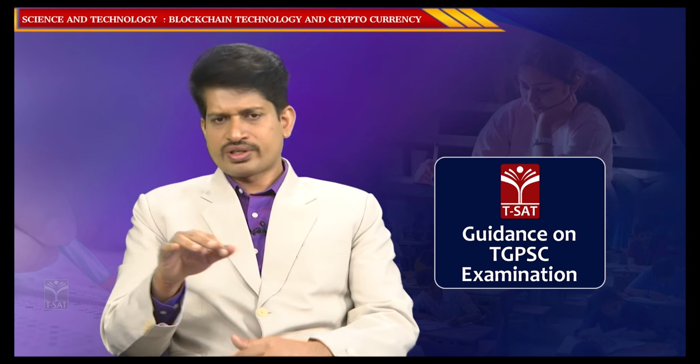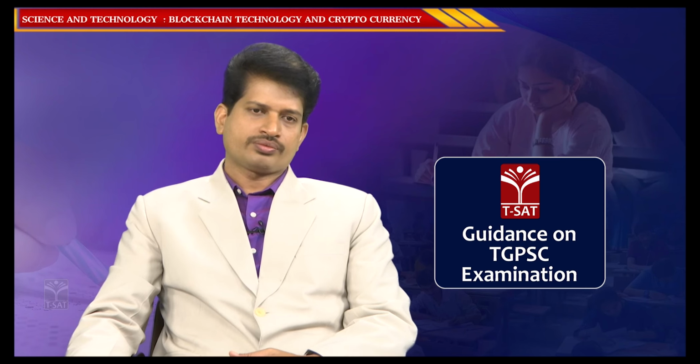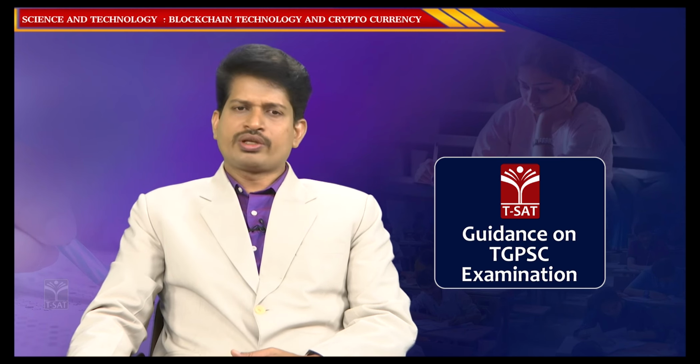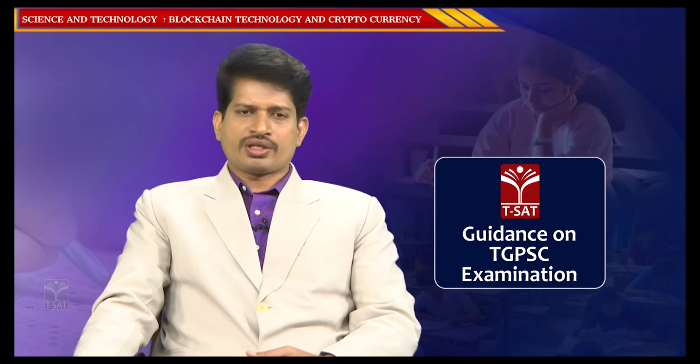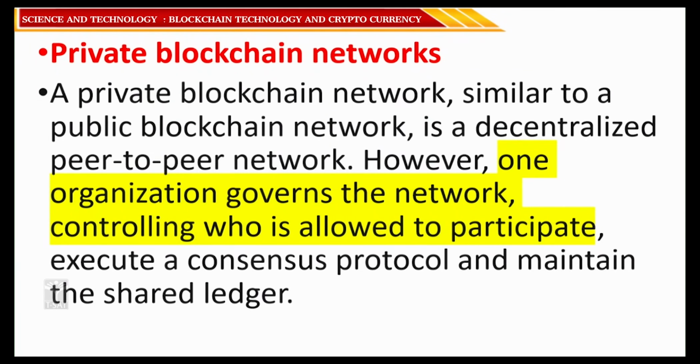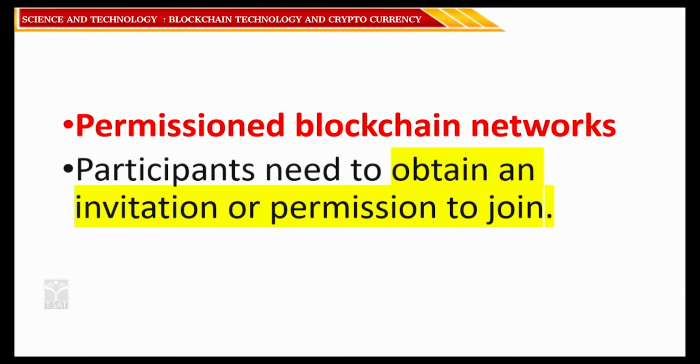So these are different ranges of application of blockchain technology. Public blockchain network: as I have given the example of Google, everybody has the possibility to enter. The next is the private blockchain network, where only a few are allowed, like the account of a bank I have given you. Permissioned blockchain: when there is trouble in the system, a software engineer needs to be given permission to enter and set right the problem.